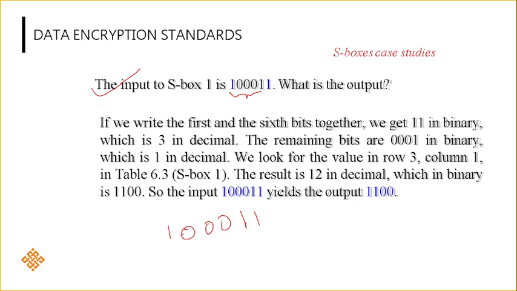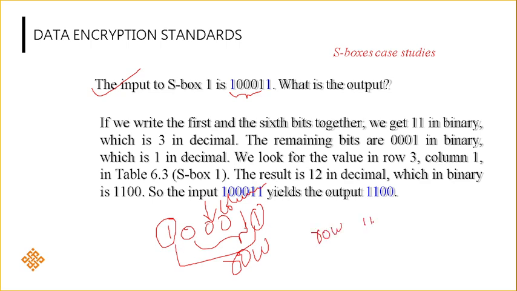What happens here? The first bit and the last bit we consider as the row. The remaining 4 bits are considered as the column in the substitution table. First bit and last bit: the row is 1, 1, which is in decimal 3.